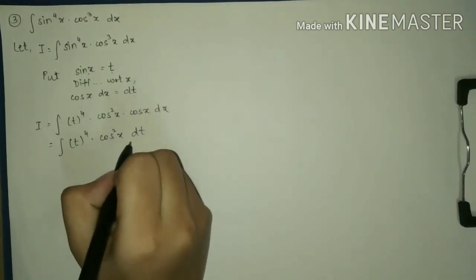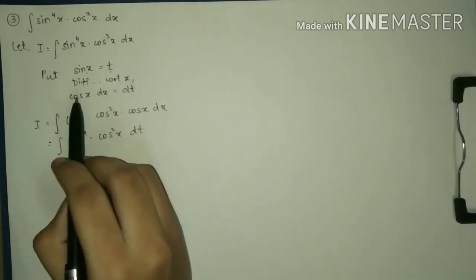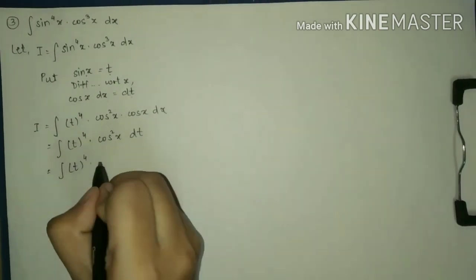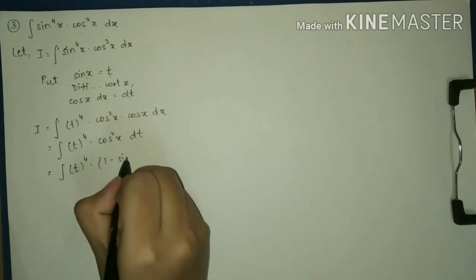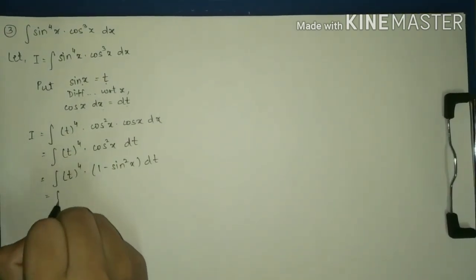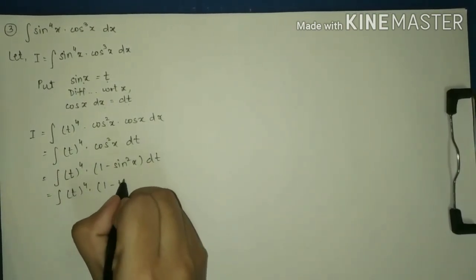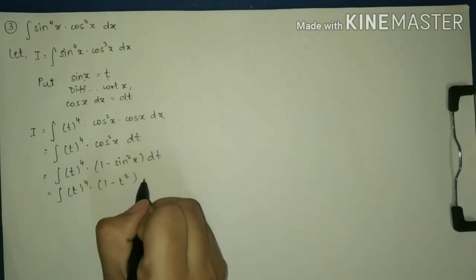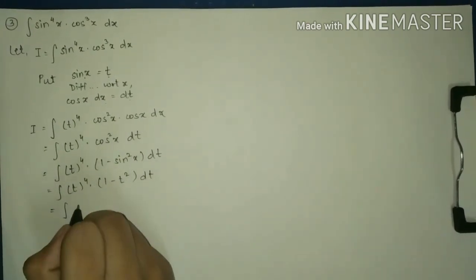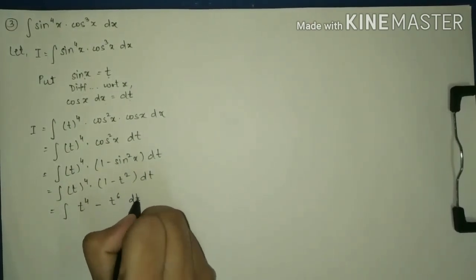Now there are two variables, so let's convert cos square x into sin x terms so that we can substitute t. Using the identity, t raised to 4 into (1 minus sin square x) dt, which is t raised to 4 into (1 minus t square) dt. Further simplifying the brackets, t raised to 4 minus t raised to 6 dt.